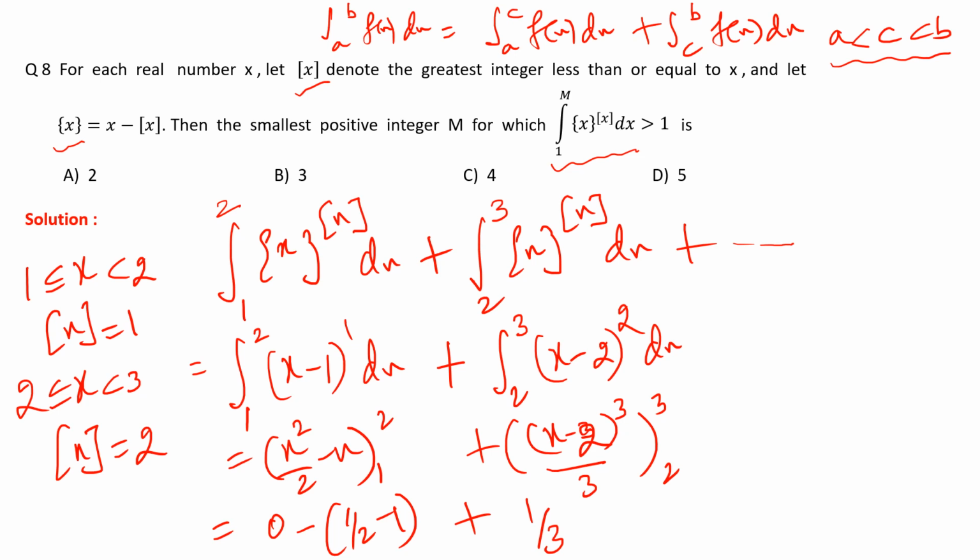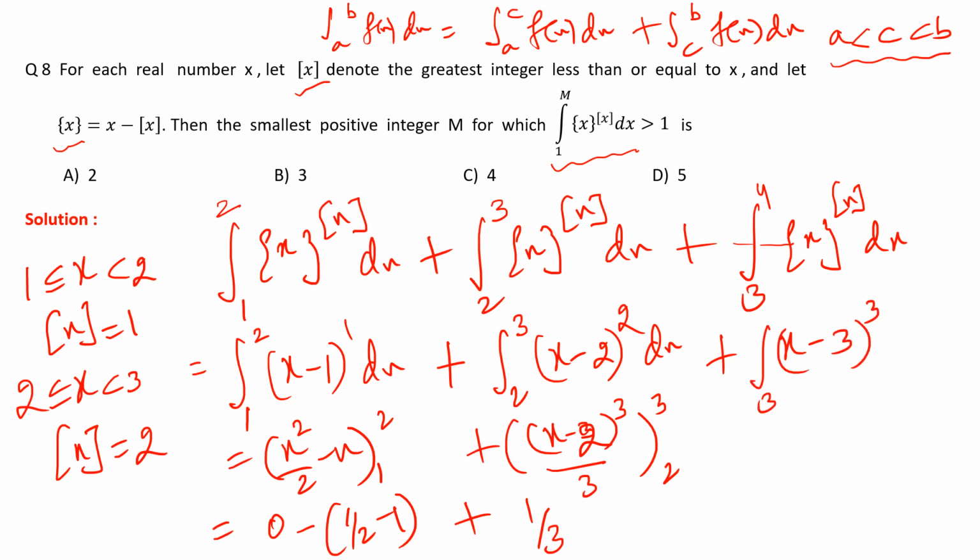So one more integral we need to add, and that is 3 to 4 fractional part of x to the power greatest integer function dx. So this becomes x minus 3 to the power 3 this time, from the limits 3 to 4 dx, right?